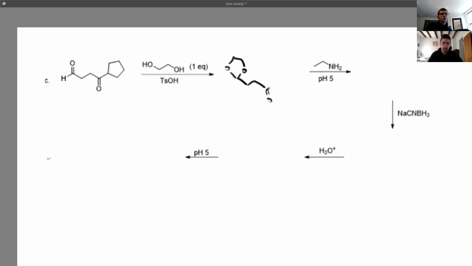And this is what you can get rid of super easily with just dilute acid. Exactly. So we make the acetal on the aldehyde, because in general, aldehydes are more reactive. So we have exactly one acetal on our molecule.